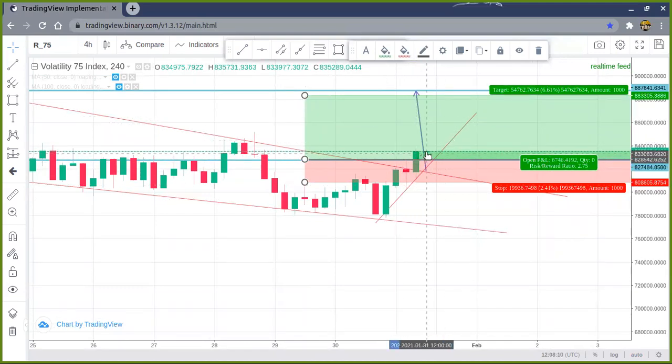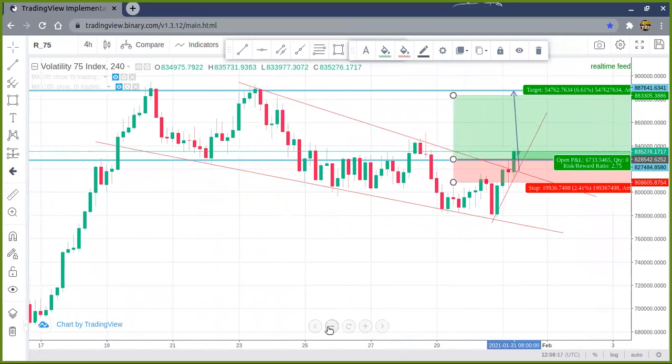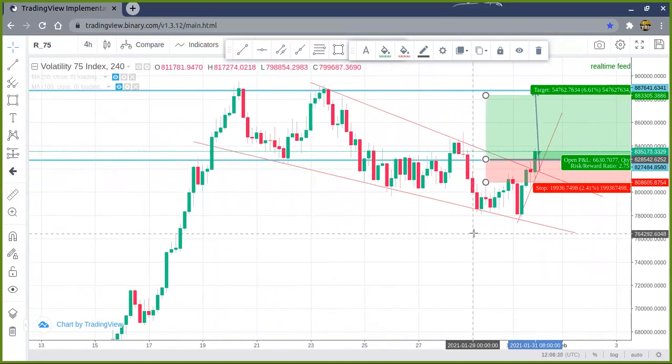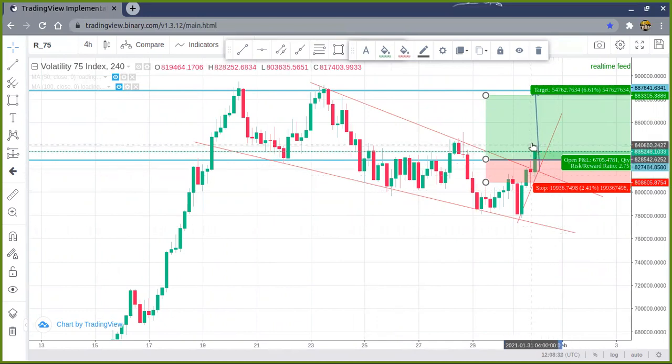So if you do your calculation, it's all about calculation. You're calculating the risk that you're taking, and seeing if the risk is worth the reward. And in case your stop loss is touched, you'll not be kicked out of the trade for a long time, because you have to risk reasonably.